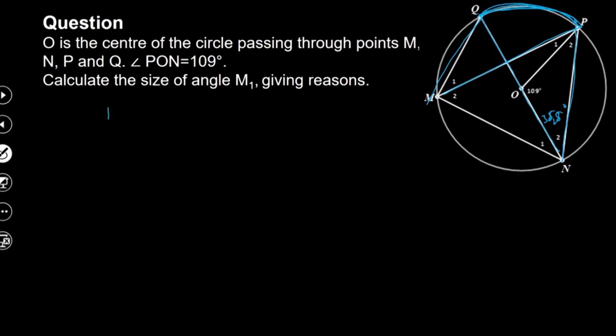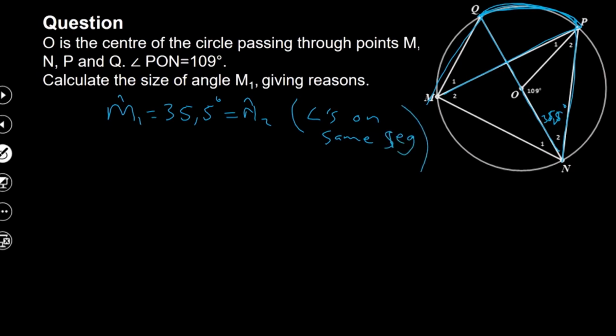So what will you say? You will just say M1 is equal to 35.5 degrees, which is equal to N2. And my reason for this will be angles on same segment. And you'll be done with that.